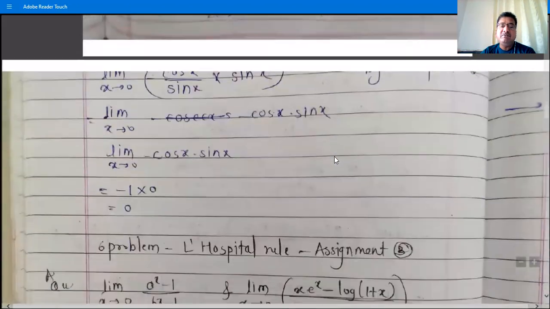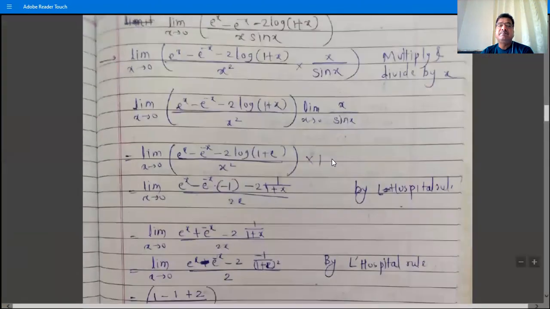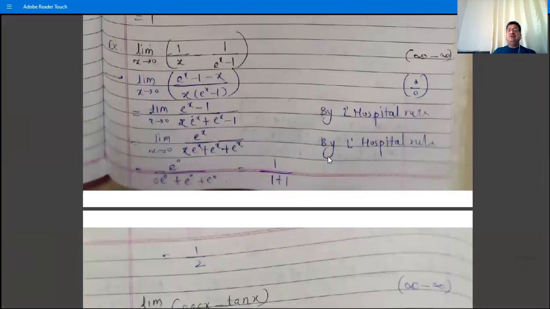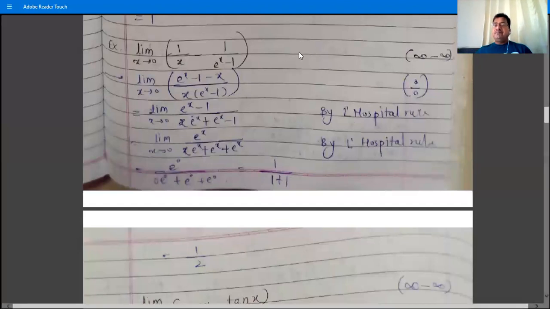Because we can apply L'Hospital's rule if the limit is in the form 0 by 0, so in order to apply it, convert the infinity minus infinity form into the form 0 by 0.